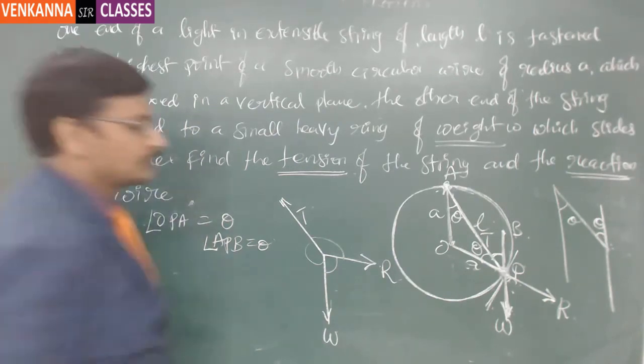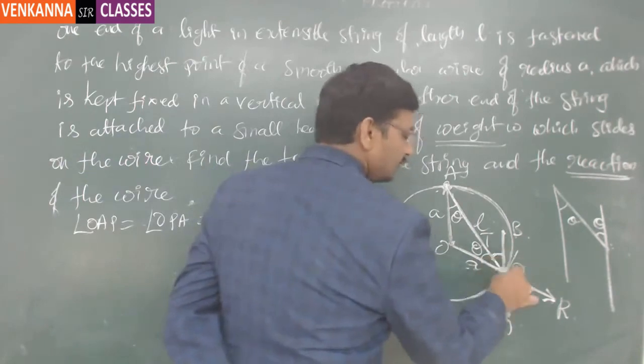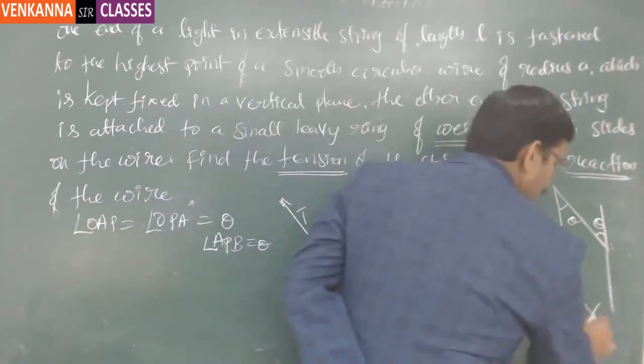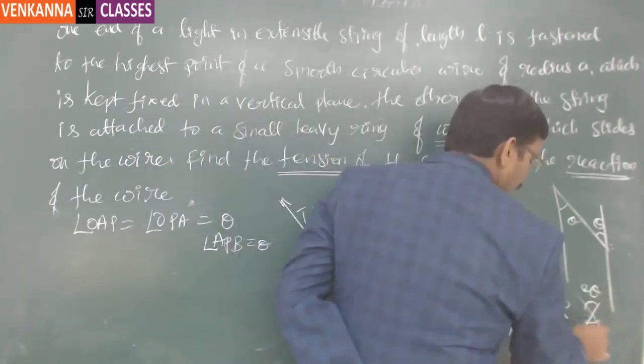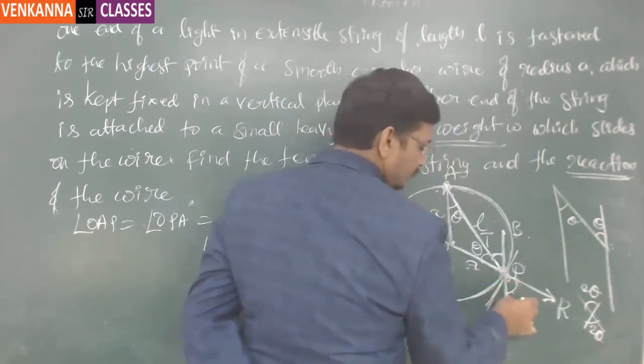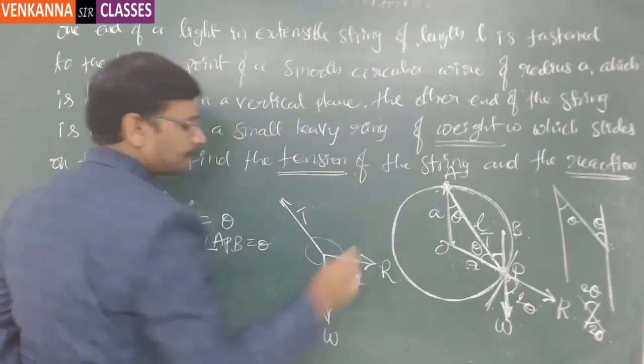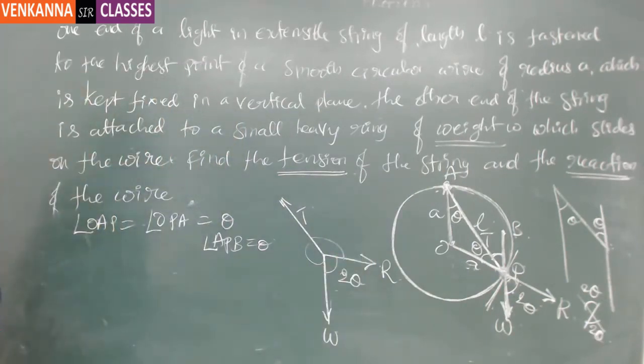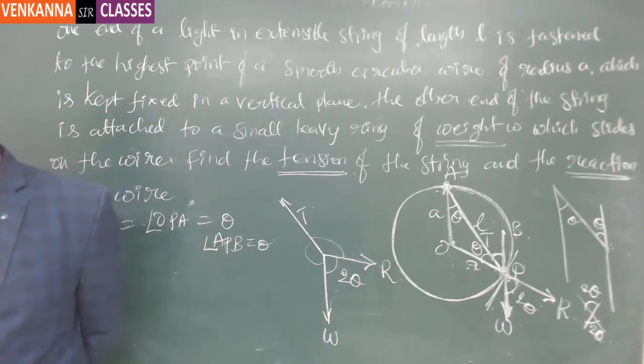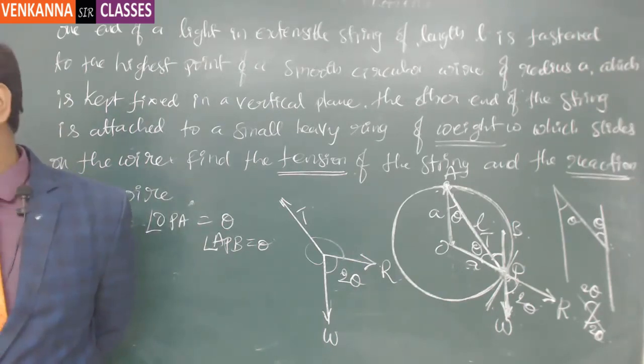Two theta, obviously. This is one theta, this is another theta. This is a kind of X shape. So this is 2 theta. Obviously, this will also be 2 theta. And what is the angle between T and R? What is the angle between T and R?